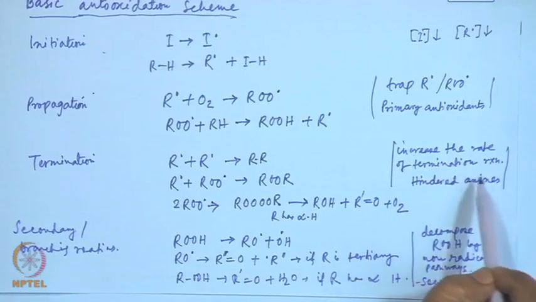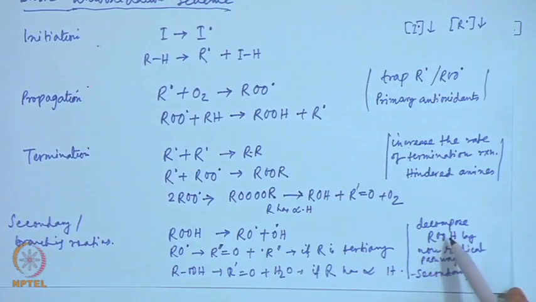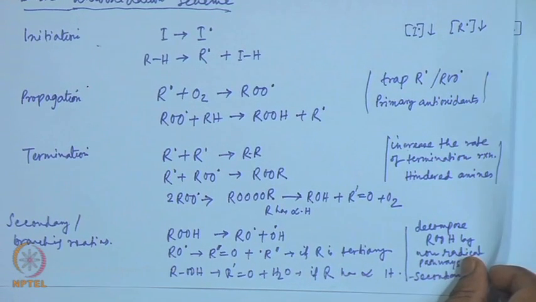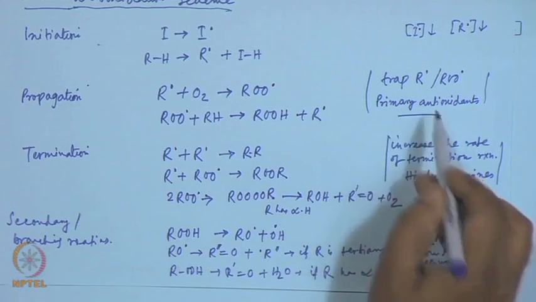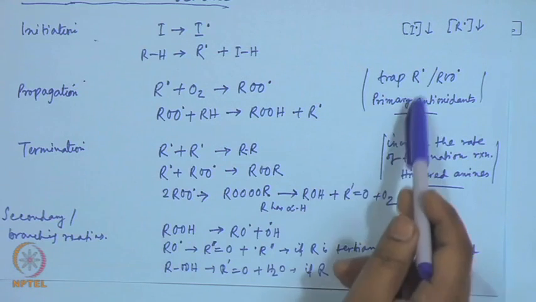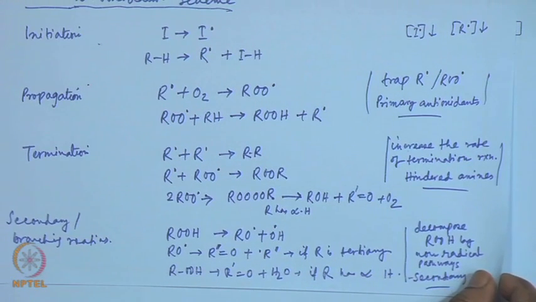We can increase the rate of termination reaction by adding hindered amines, or we can decompose the hydroperoxides by non-radical pathways, and that is done by adding secondary antioxidants. Examples of these primary antioxidants, hindered amines, and secondary antioxidants, and how they do this trapping, decomposition, or increase in the rate of termination, I will discuss briefly now.